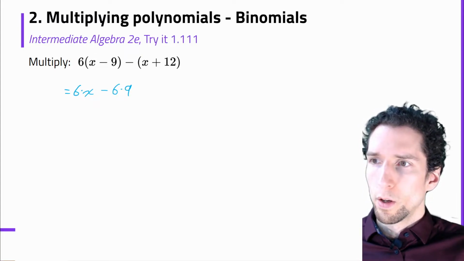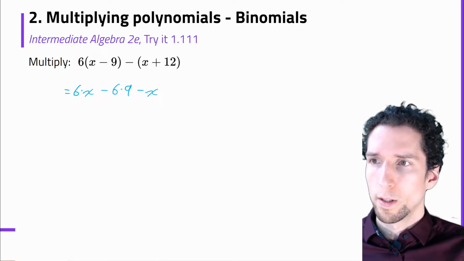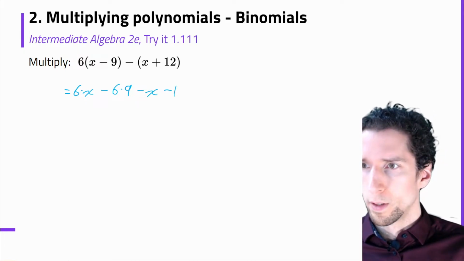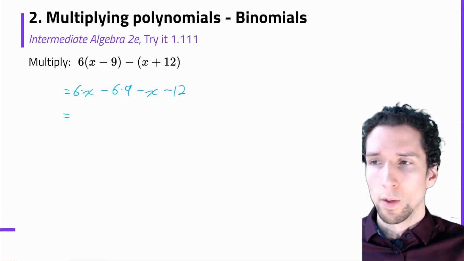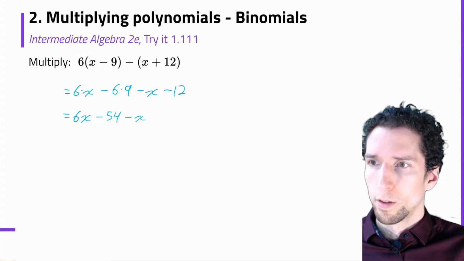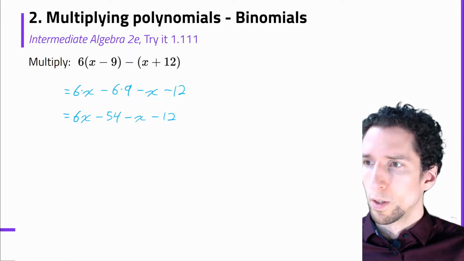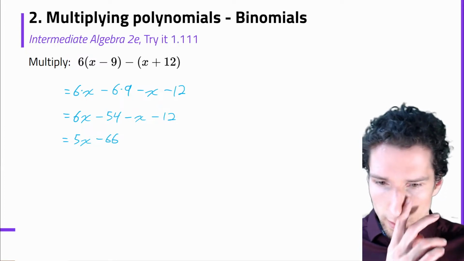And next one here, this will be minus x, it's a -1 times x, and then -1 times 12, so minus 12 here. Don't need to actually write the 1 times 1, obviously. So 6x minus 54 minus x minus 12, and that turns into 5x minus 66 here.